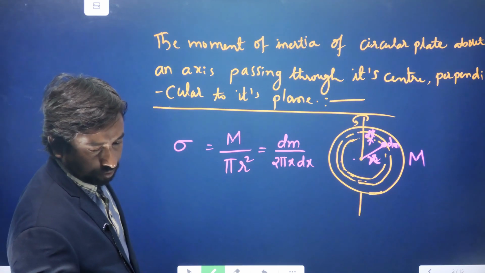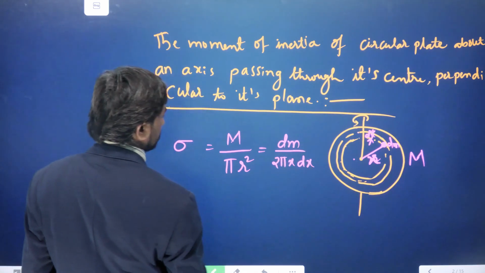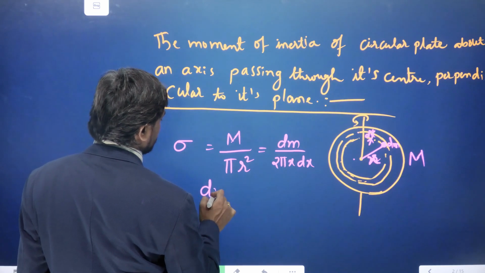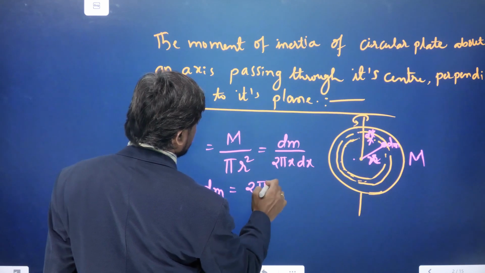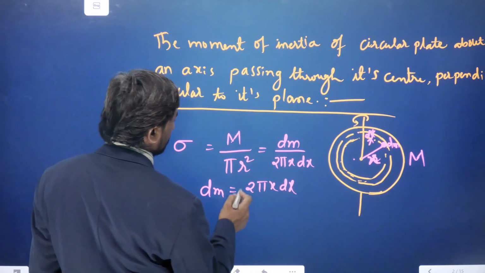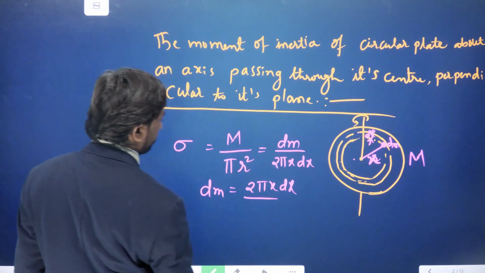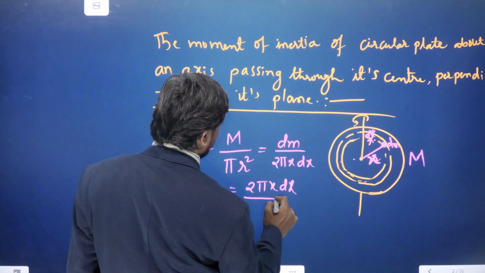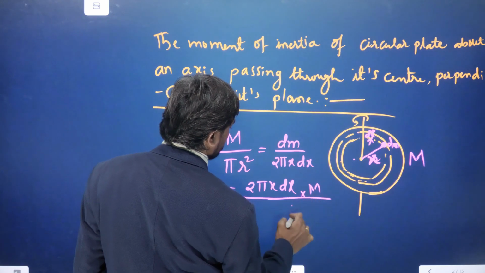Now we should find out the dm value. How to find out the dm value? dm is equal to, bringing this side, 2 pi x into dx multiplied by M divided by pi r square.